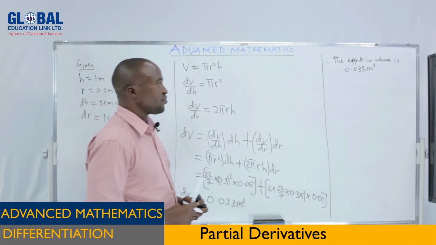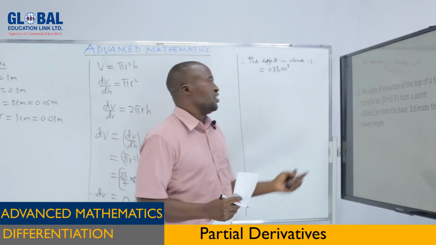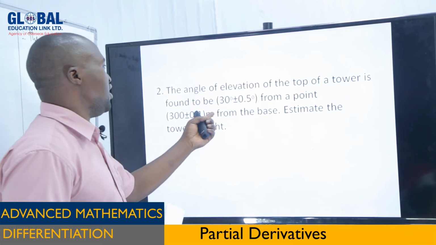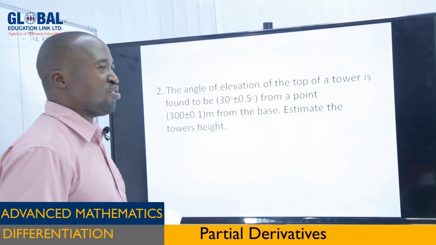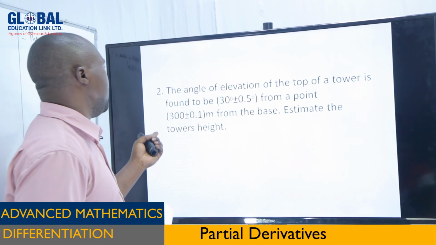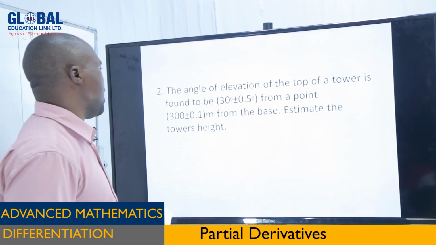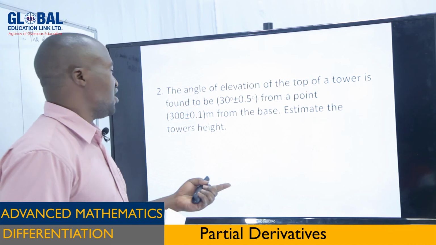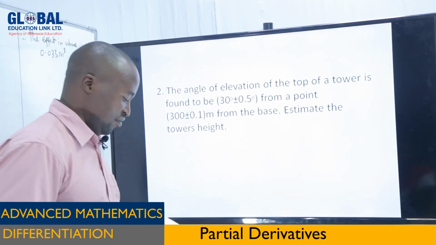This time we have the question: the angle of elevation of the top of a tower is found to be 30 degrees plus or minus 0.5 degrees from a point 300 plus or minus 0.1 meters from the base. Estimate the tower's height.